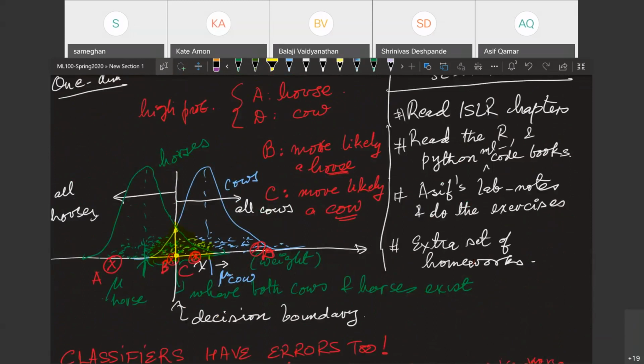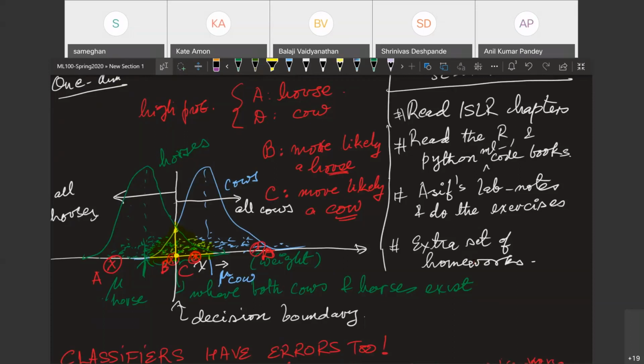And somebody is trying to sell you an animal and saying it is a horse. Where would you rather make a mistake? In false positive or false negative? False positive. You don't want to have a test that will confidently tell a cow to be a horse.